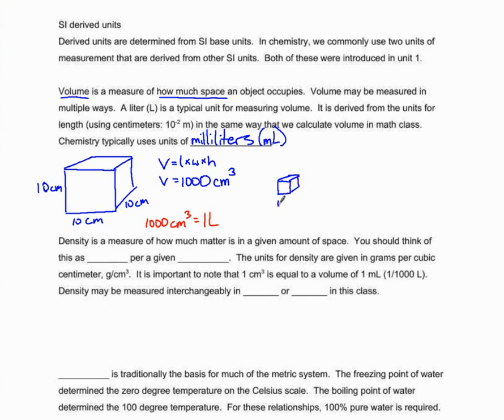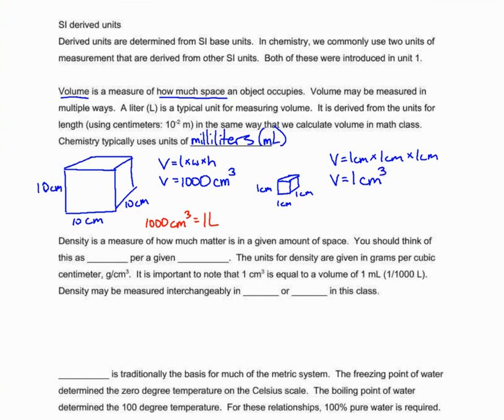So a cube that is 1 centimeter on each side. The volume of this is 1 centimeter times 1 centimeter times 1 centimeter, length times width times height. And so the volume is 1 cubic centimeter.